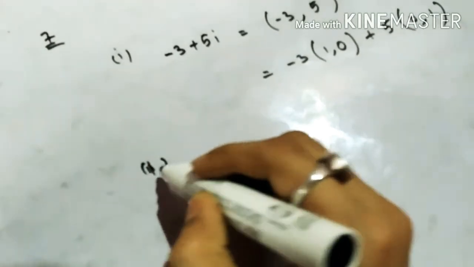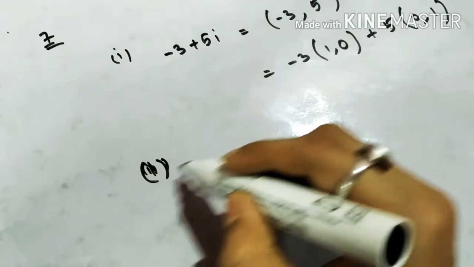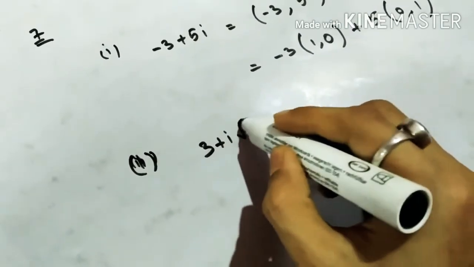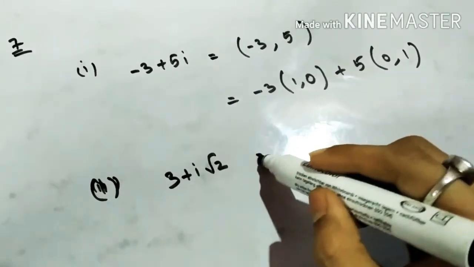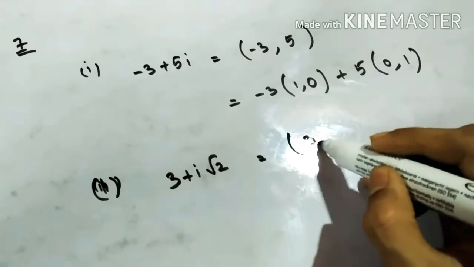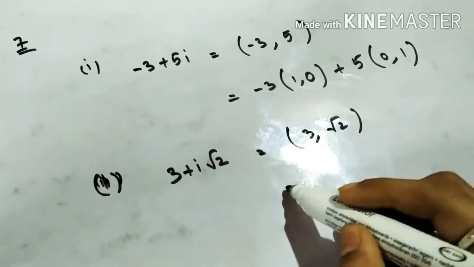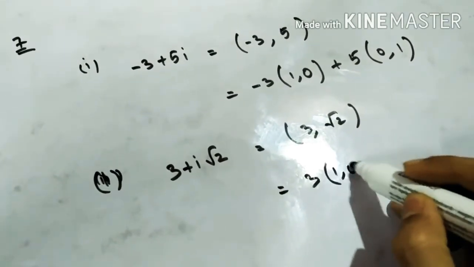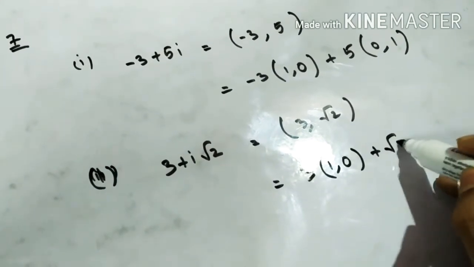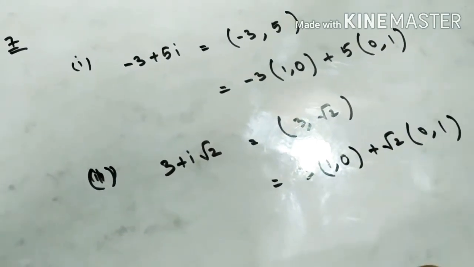Next, number 2, 3 plus i root 2, which again is equal to 3 comma root 2, which is equal to 3 (1 comma 0) plus root 2 (0 comma 1).